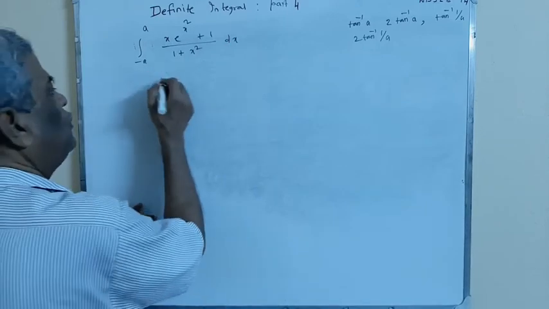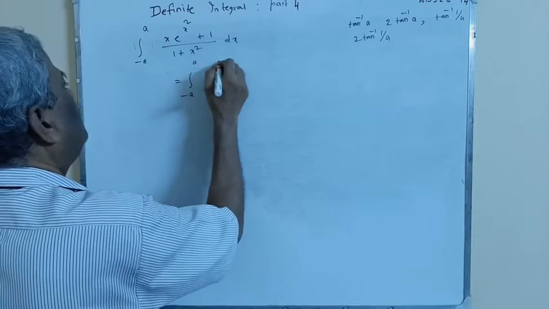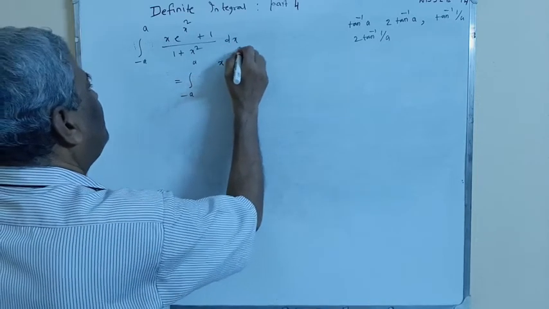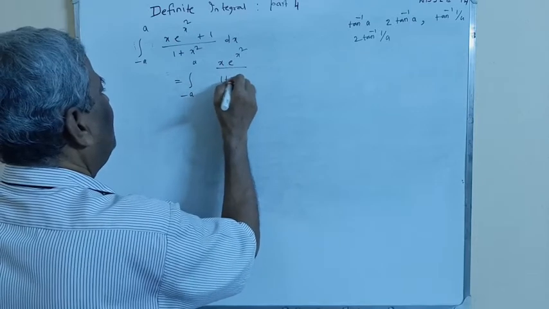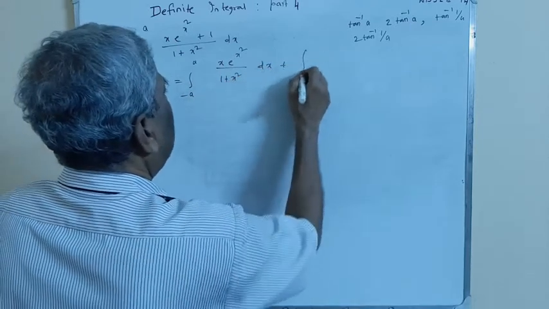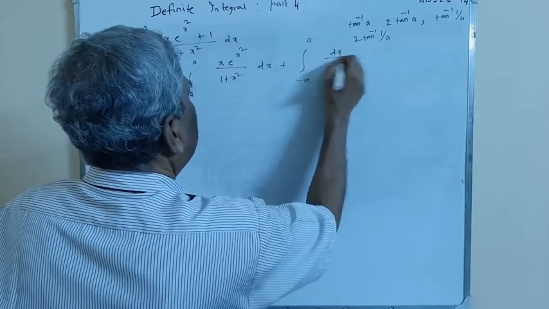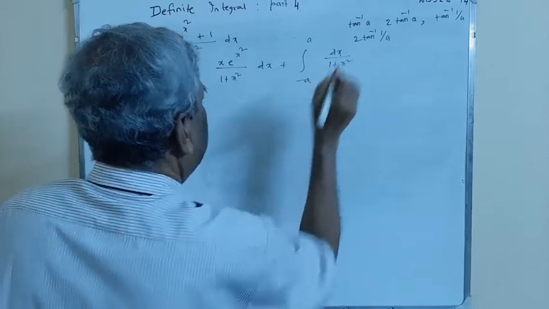So let us try to write it in that way. Minus a to a, this part first, then integration minus a to a dx by 1 plus x square.